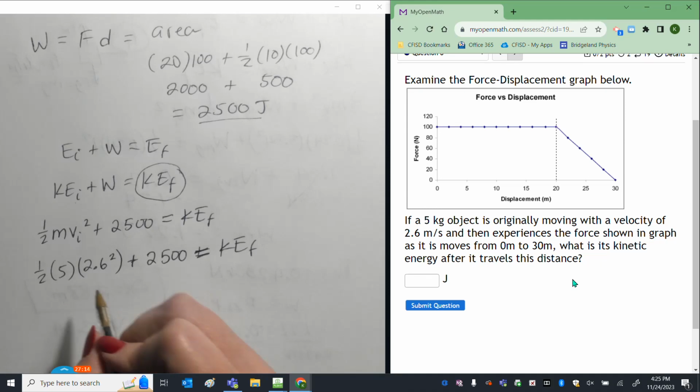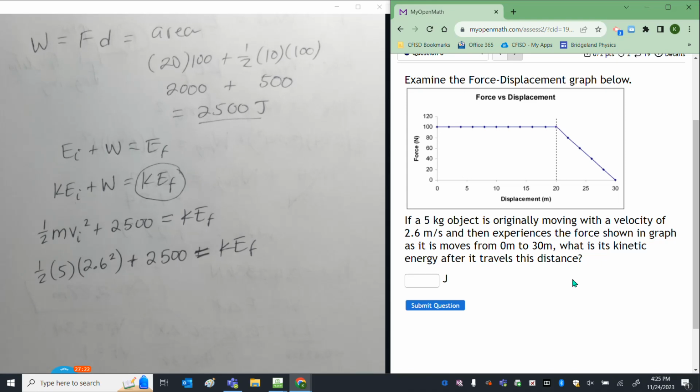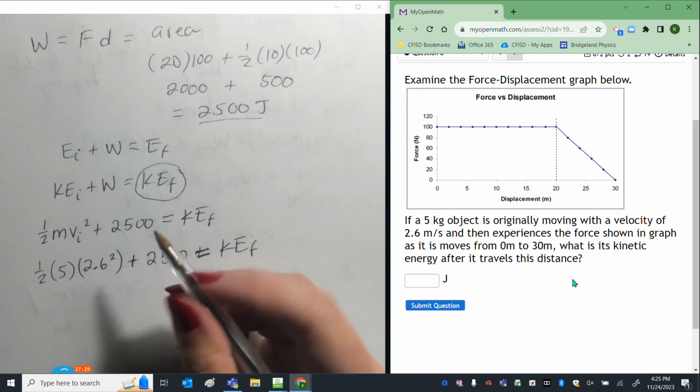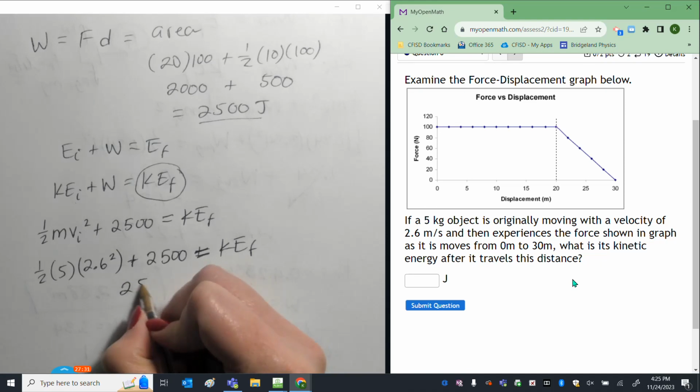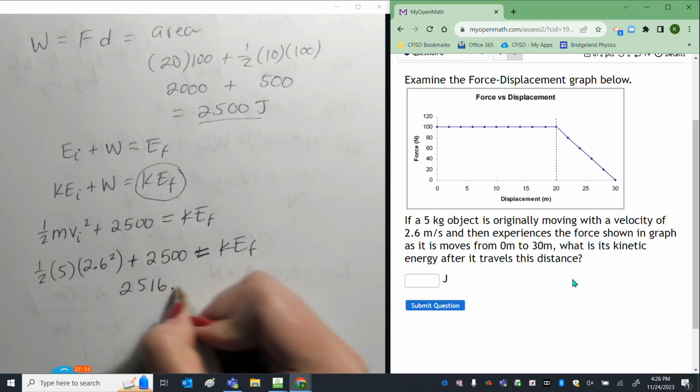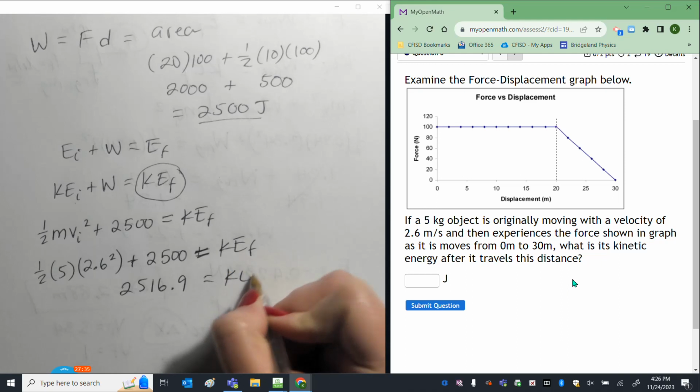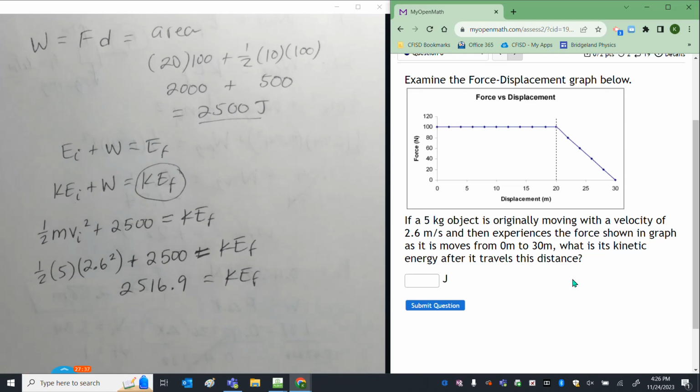Half of 5 times 2.6 squared, so 2.5 times 2.6 squared is 16.9 plus 2,500. It gives us 2516.9 equals our final kinetic energy. And again, this will be in joules.